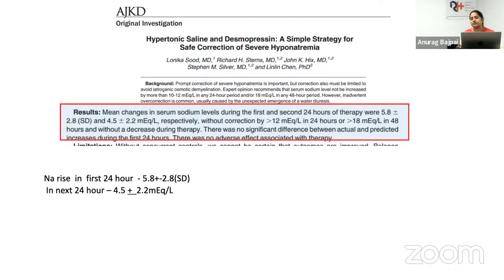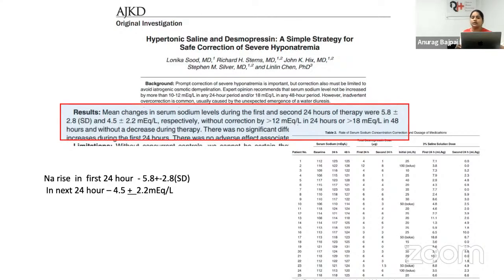So it is always judicious to use hypertonic saline along with desmopressin in the correction of chronic hyponatremia, not only the hypertonic saline. So the mistake that has been done was the usage of 3% hypertonic saline alone.